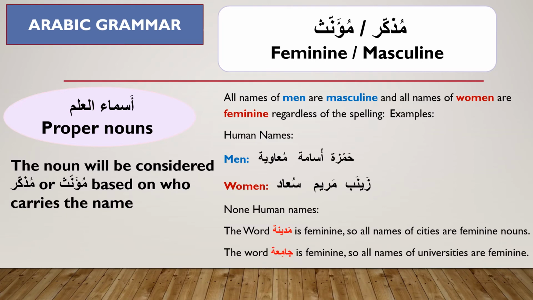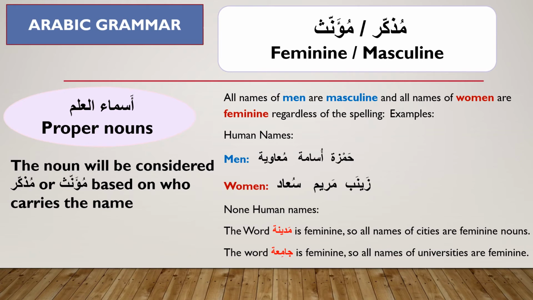Similar to that, جامعة, university. جامعة, this noun ends with ta marbuta. Automatically, we will use all names of universities as feminine nouns. So we say Stanford, Jamila. Harvard, Kabira.